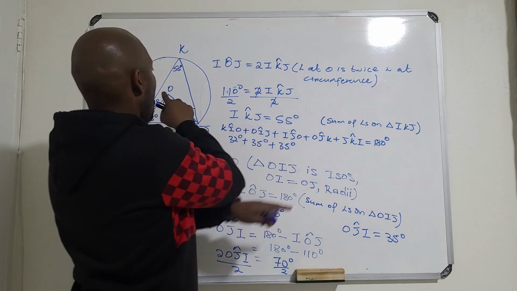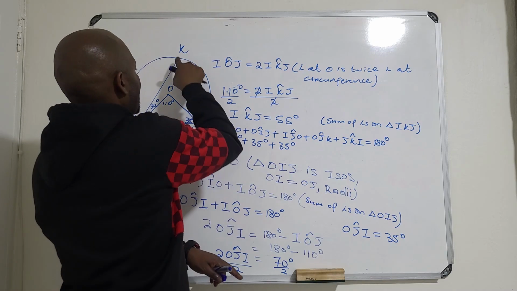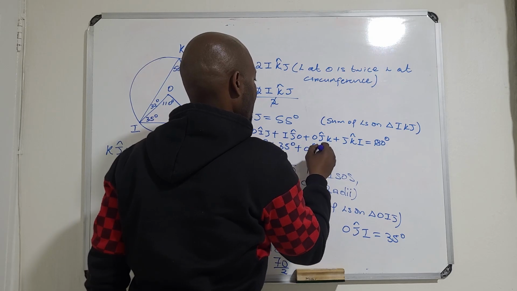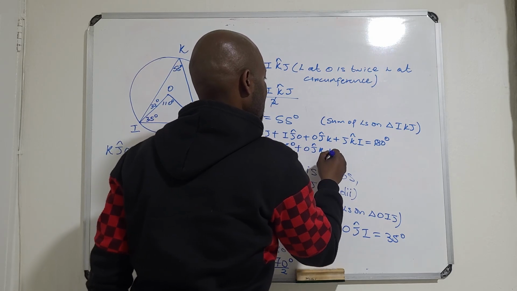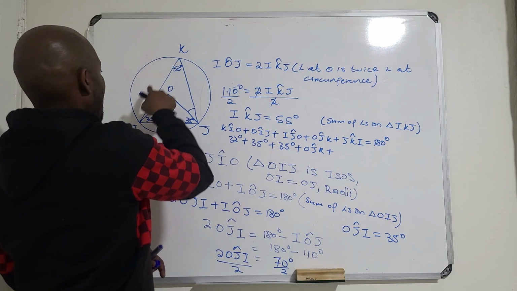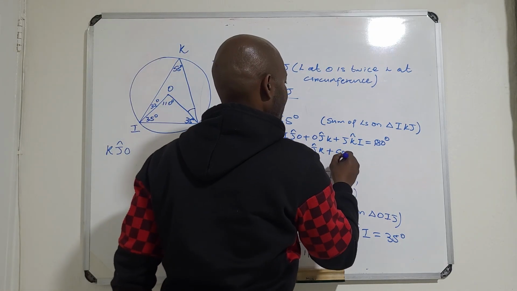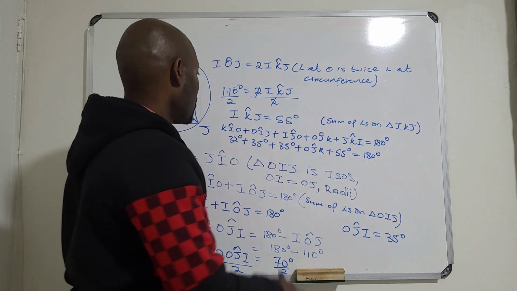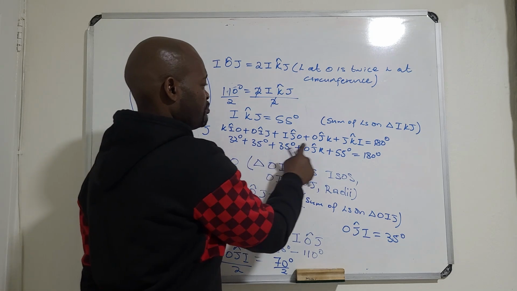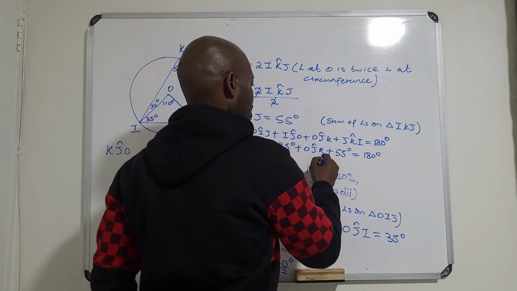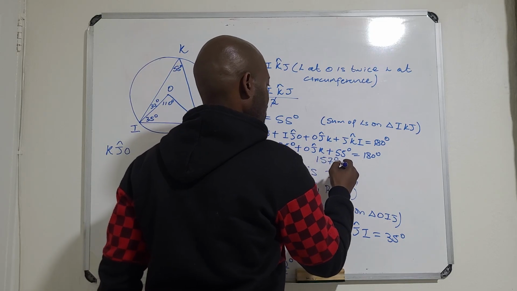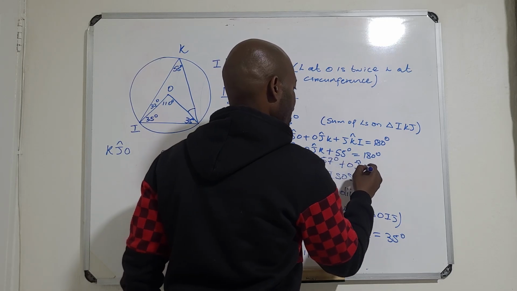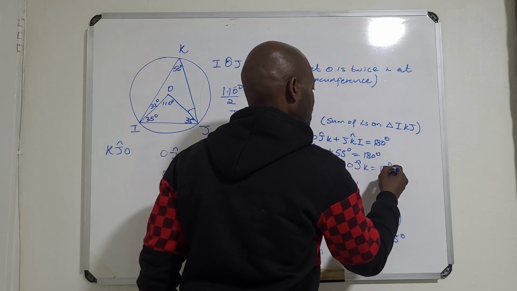We do have angle OJK, that's what we are looking for. Angle OJK plus angle JKI, which is 55 degrees, equals 180 degrees. Now, this plus this plus this plus that is 157 degrees plus angle OJK equals 180 degrees.